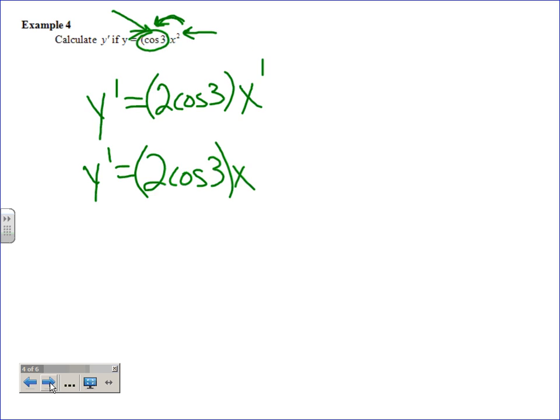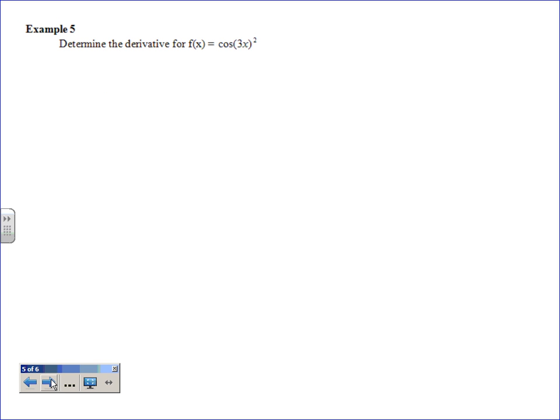So is the answer to the next one going to be the same? How's this one different?